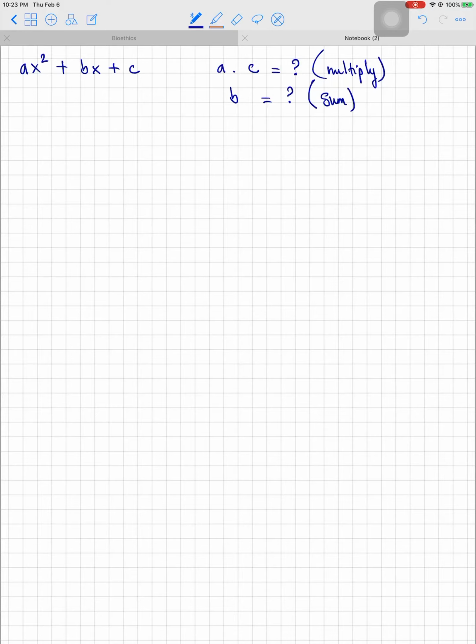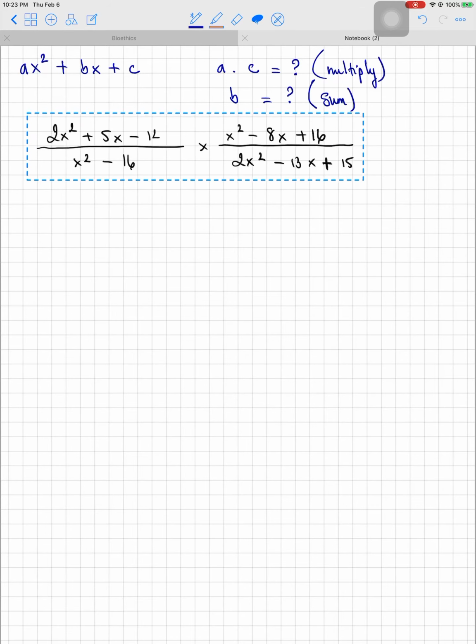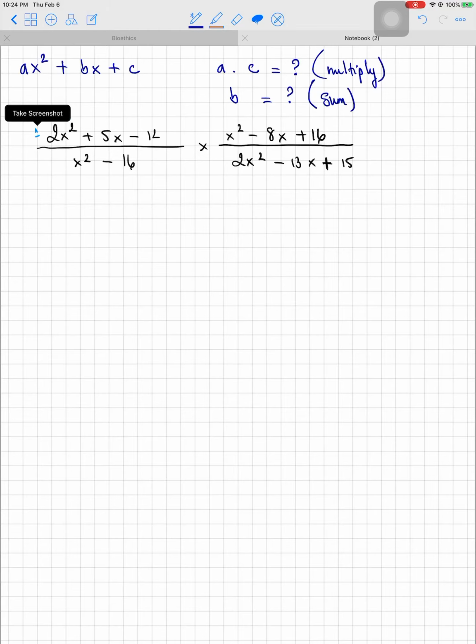So now we have a problem right here. We're gonna break this into four smaller parts: 1, 2, 3, and 4. So first we're gonna have 2x squared plus 5x minus 12.